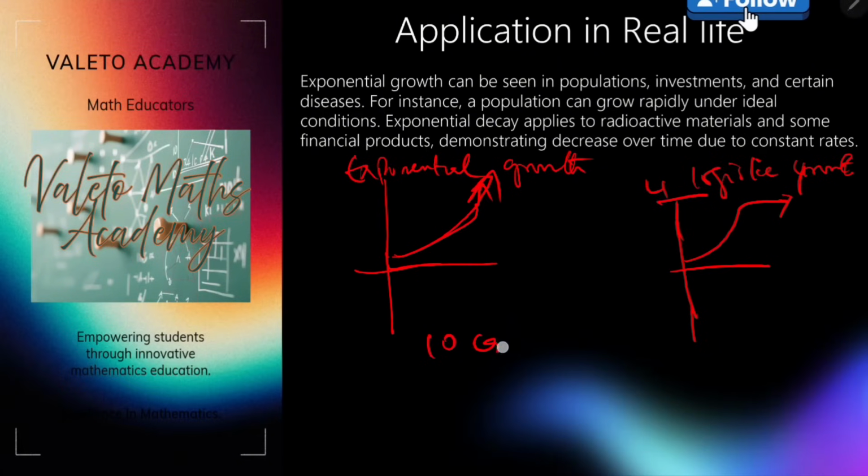The cats will continue to feed on the rats because the rats are so many, and they will continue to grow. The cats will continue to increase exponentially until after a time the cats will be so much that they will not have enough rats to eat, and their increase will reduce and continue to reduce. So that's what we mean by logistic growth.